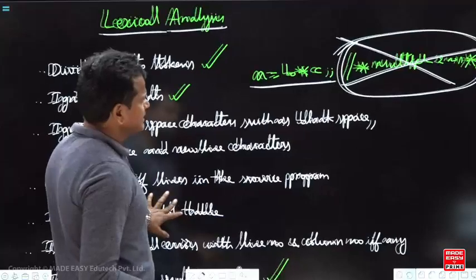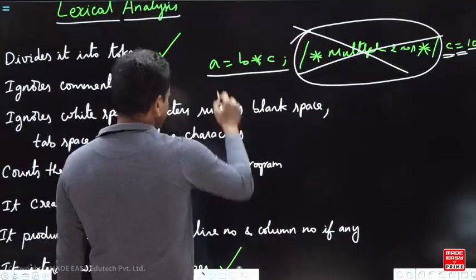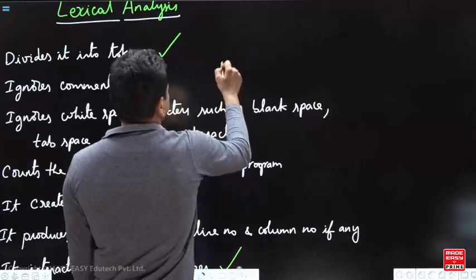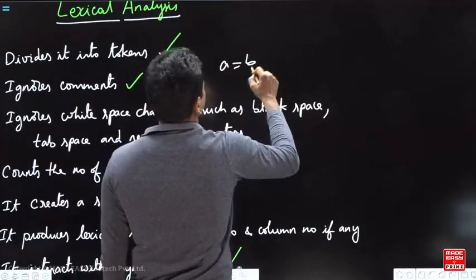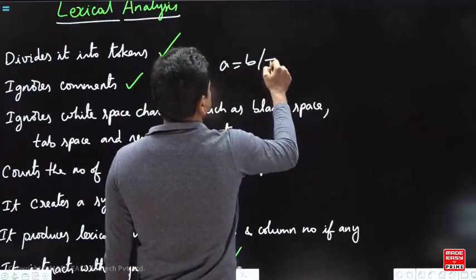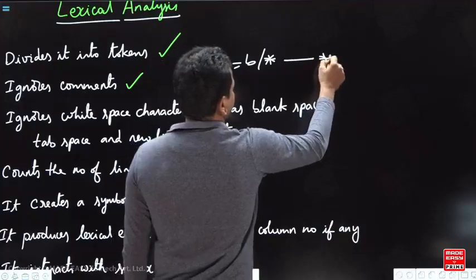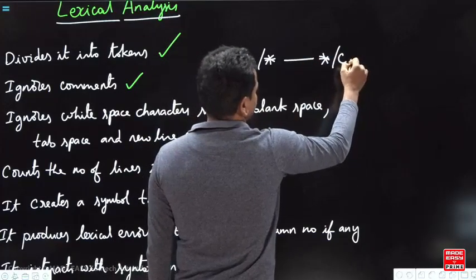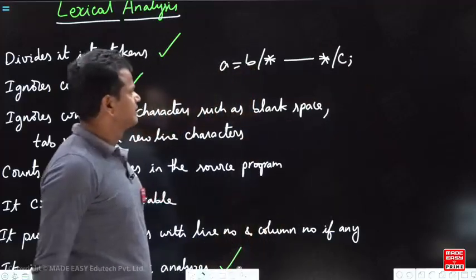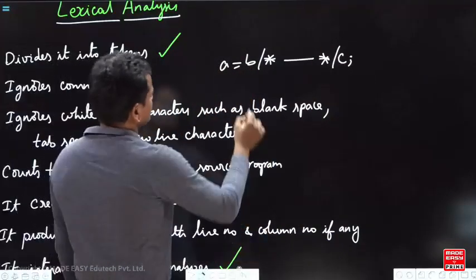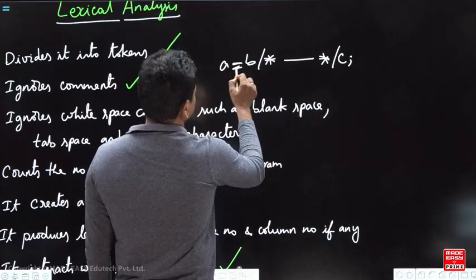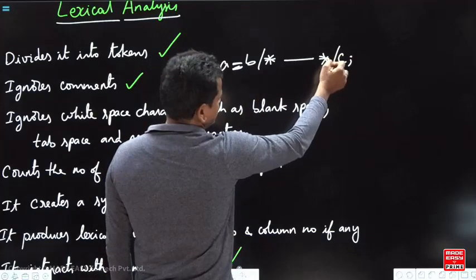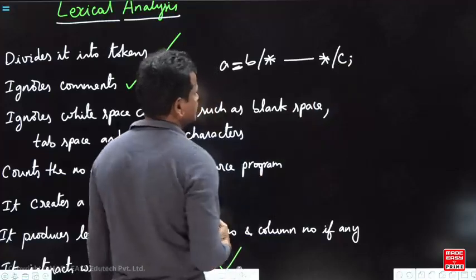One more thing I tell you. A equal to B, then I write a comment, and immediately C, then semicolon. There is no space anywhere: A equal to B, immediately followed by the comment, closed, immediately followed by C, then semicolon.